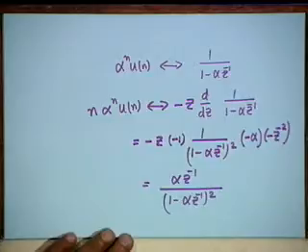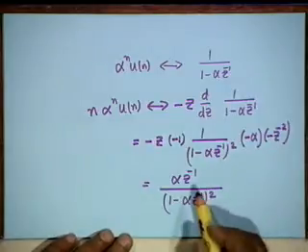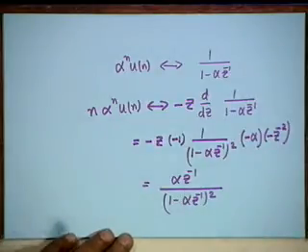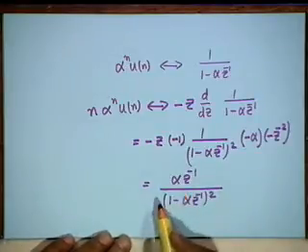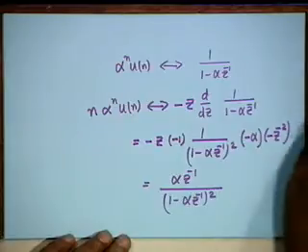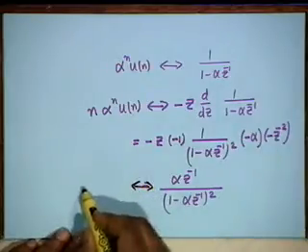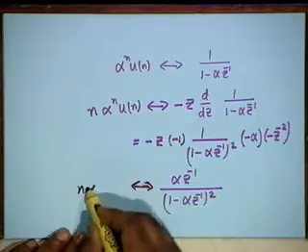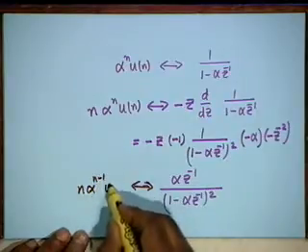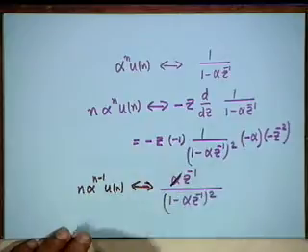What we want is that the numerator should be 1. Therefore, first thing I do is to divide by alpha. So, I get n alpha to the n minus 1 u of n, this alpha goes.